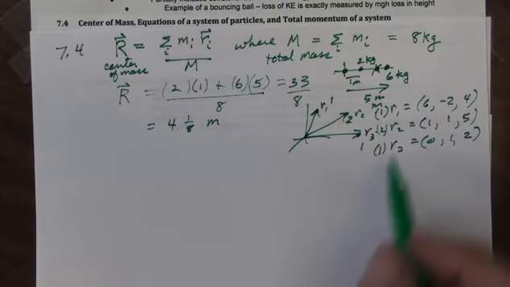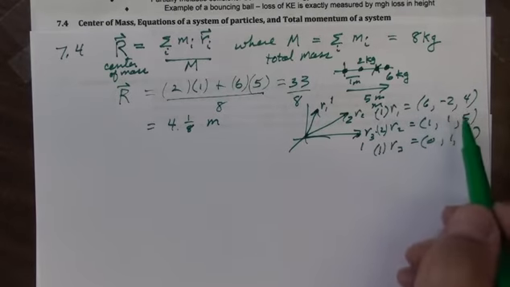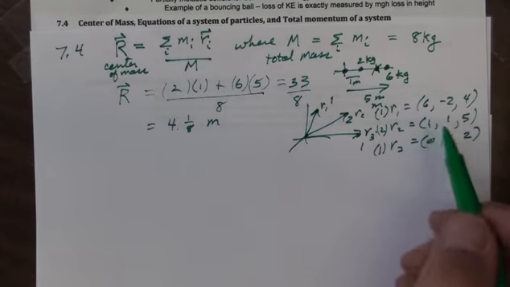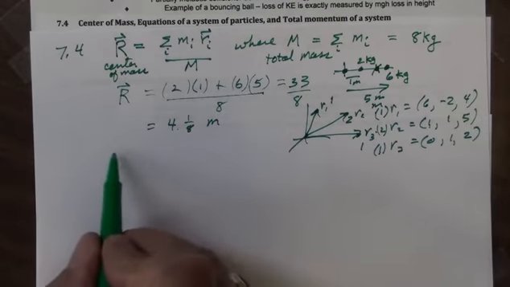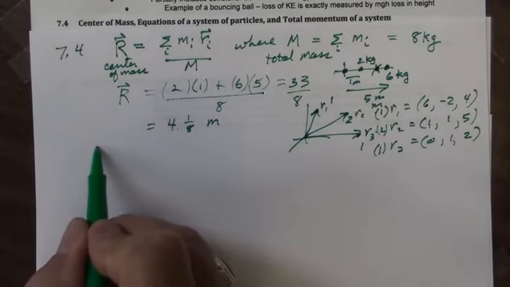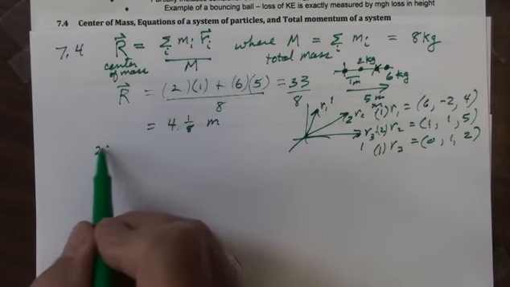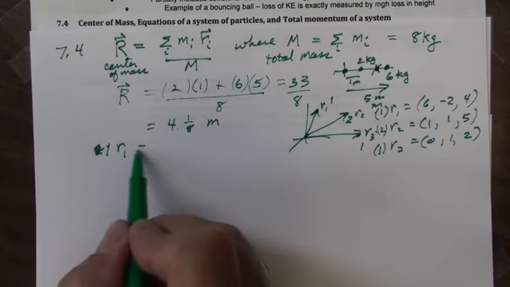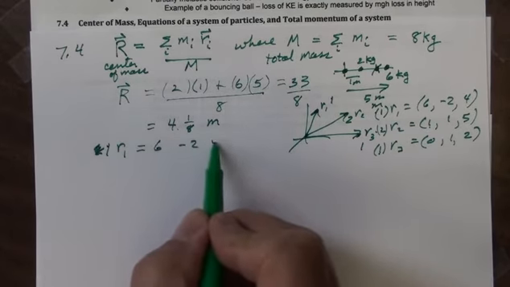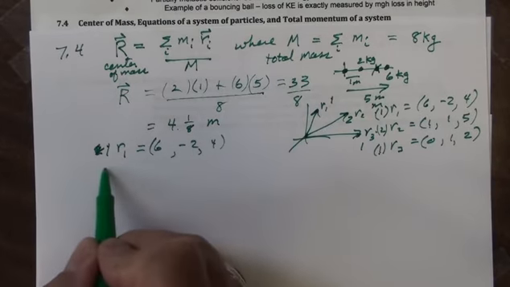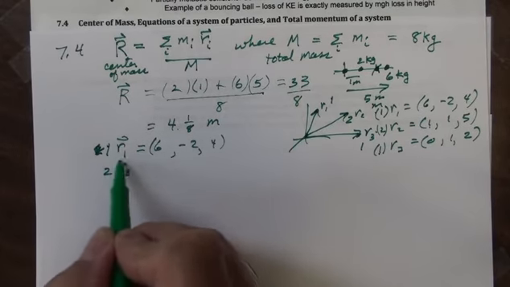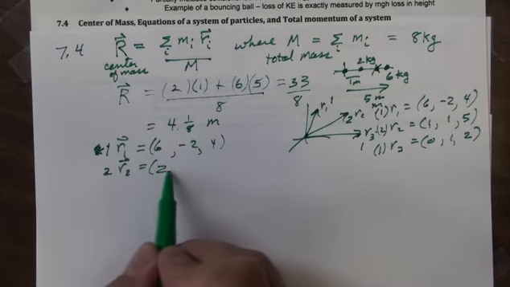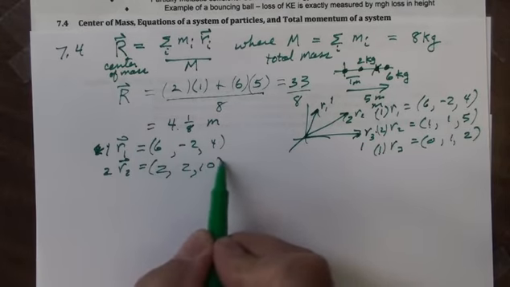What vectors would we end up with? We can just about do this in our head. Maybe I should write that out. That would be 1 times the vector R1, so 6, -2, 4. And 2 times the vector R2, because it had a mass of 2, and that would be 2, 2, 10.